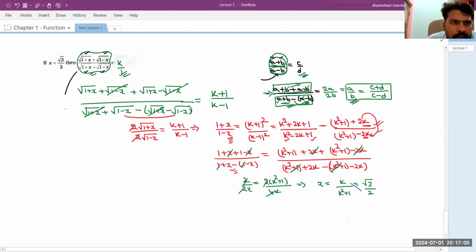So we are going to use common sense from here, then take the square of this term. I think something is wrong in this question. If k is root 3, then root 3 whole square plus 1 is 4.